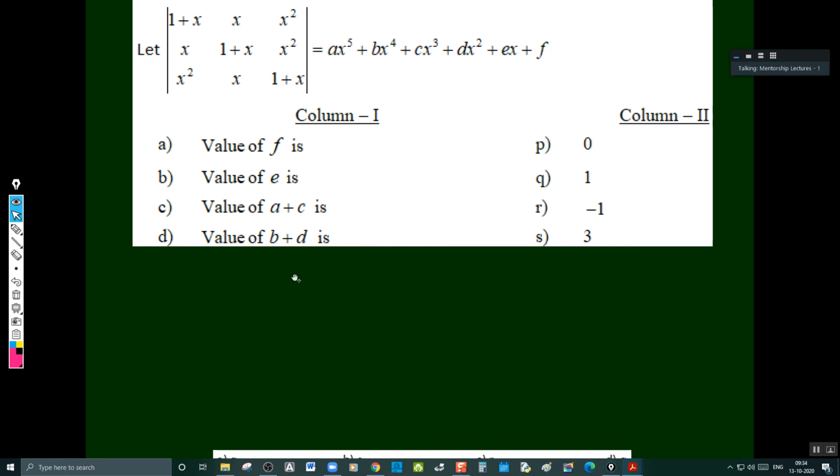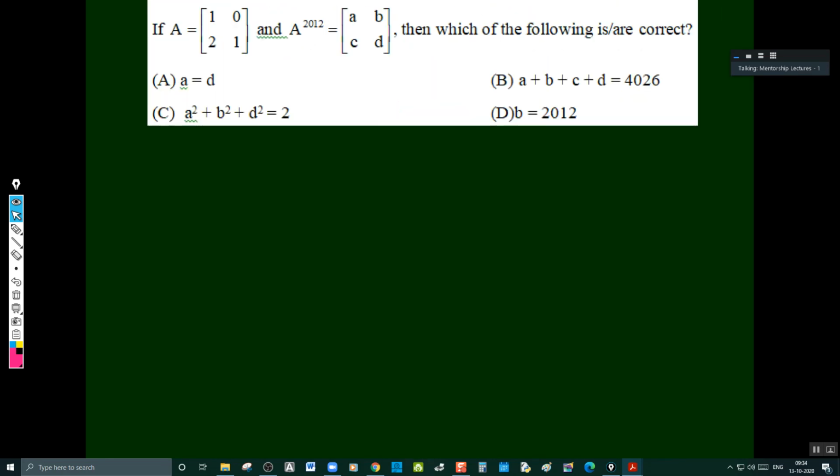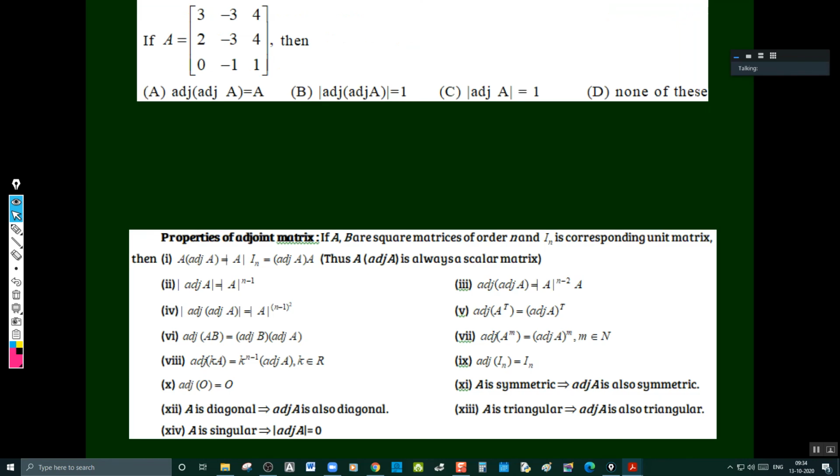But I'd like to show you one property here. Just a moment. This one, please. Take a screenshot of it, every one of you. Properties of adjoint matrix. Det of adjoint A is equal to det A power n minus 1.